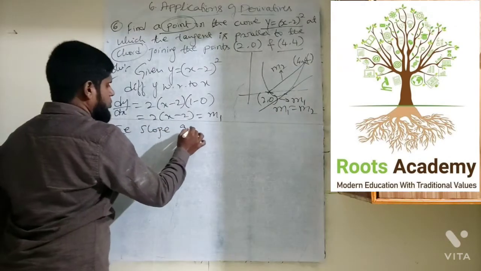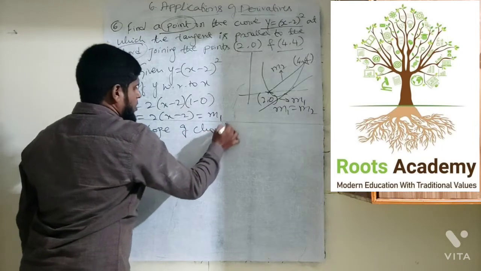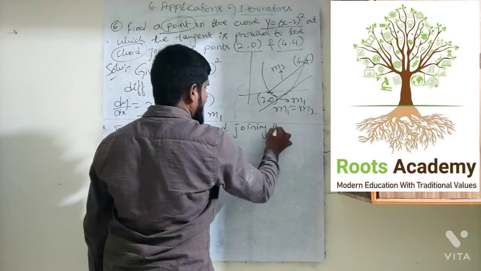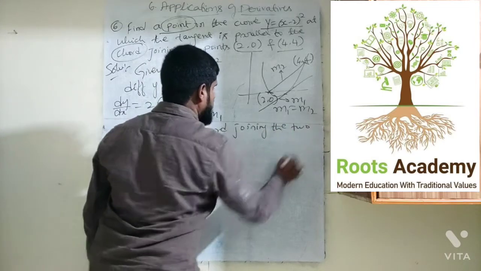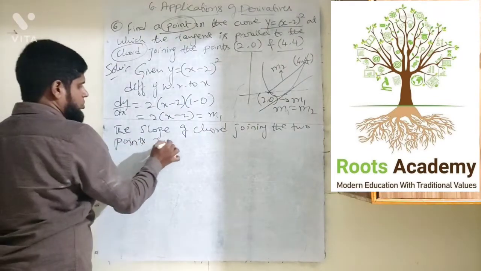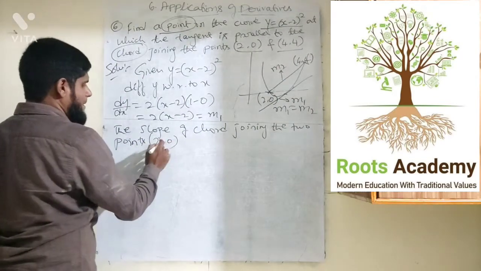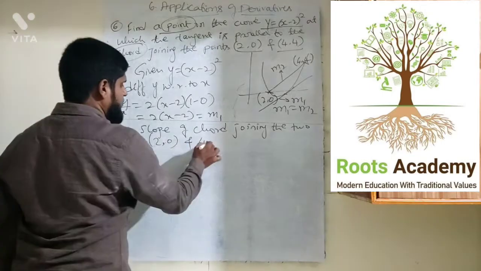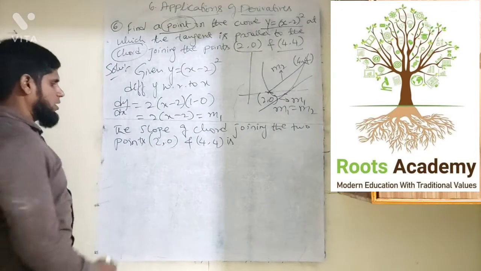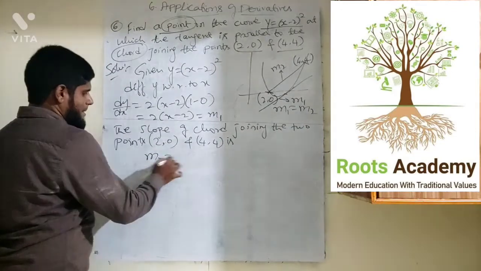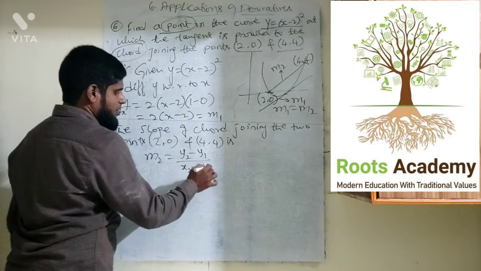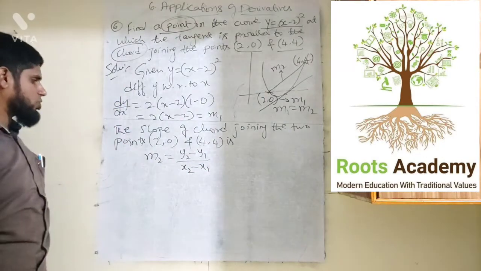Slope of chord joining the 2 points (2, 0) and (4, 4), I will call it m2, is equal to y2 minus y1 divided by x2 minus x1.